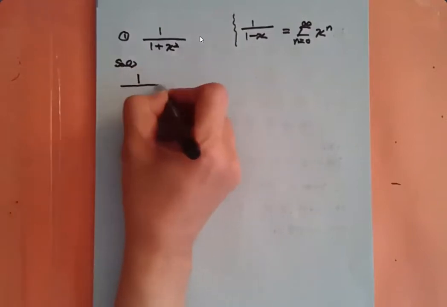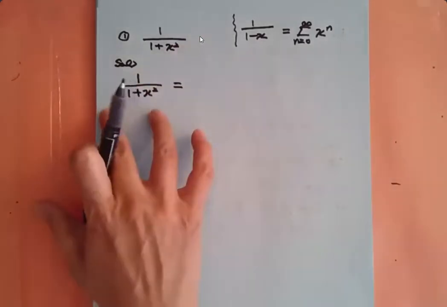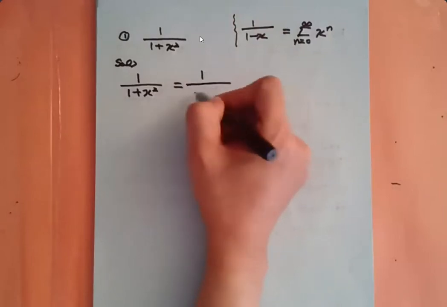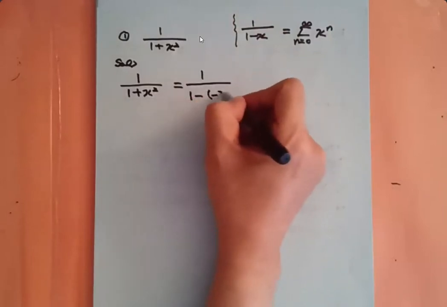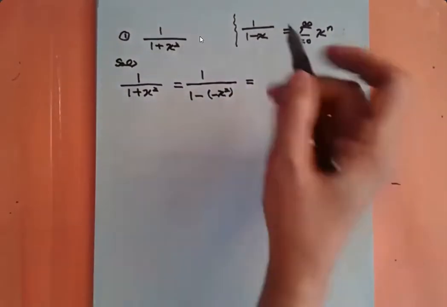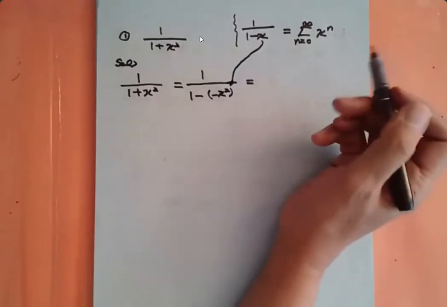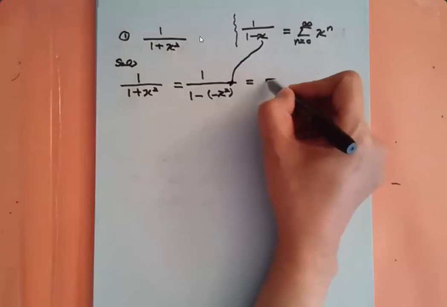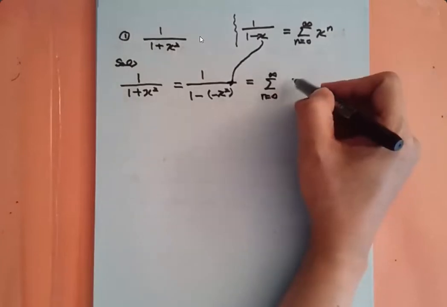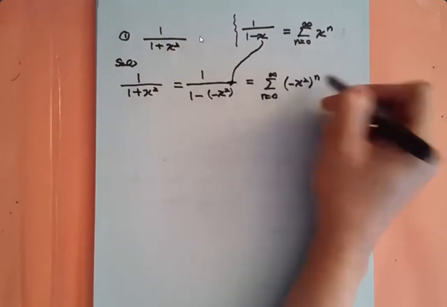So for 1 over 1 plus x squared, we convert the format into this format, and then we have 1 over 1 minus negative x squared. What we realize is that instead of x, we have negative x squared. So when we expand with the power series, instead of x, we write negative x squared to the n power.